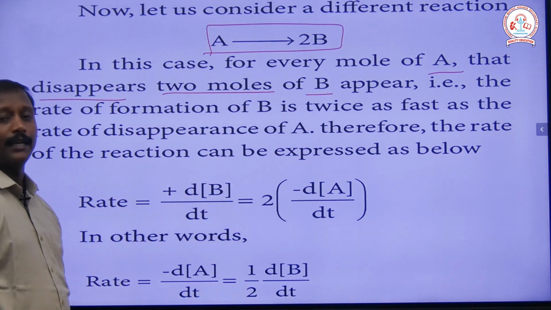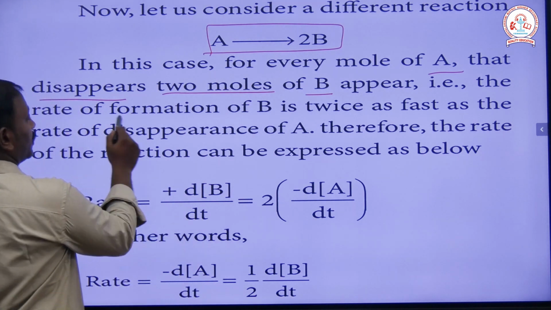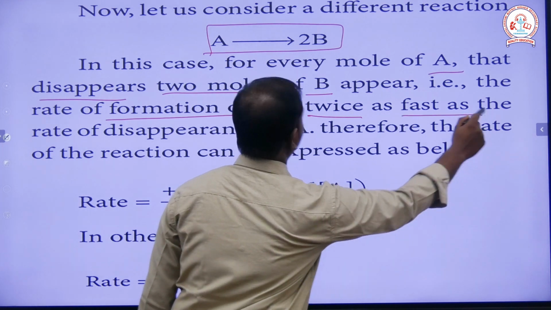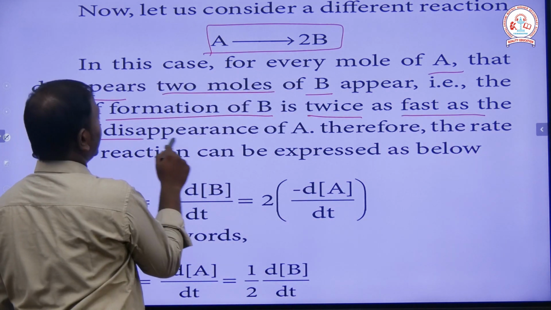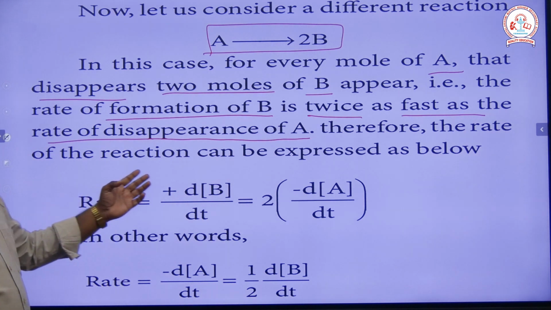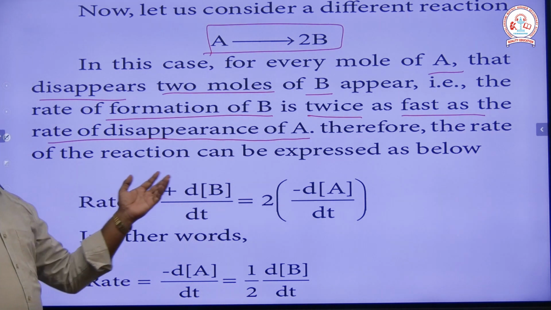The rate of formation of B is twice as fast as the rate of disappearance of A. So you see, students, the rate of the reaction can be expressed.